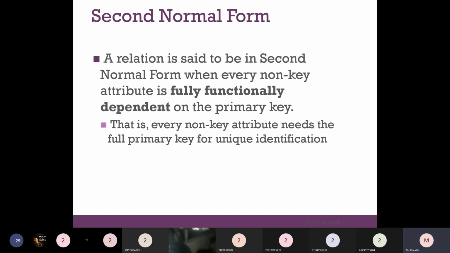So every non-key attribute must be determined only through its primary key. That is known as fully functional dependency. So second normal form insists on full functional dependency.